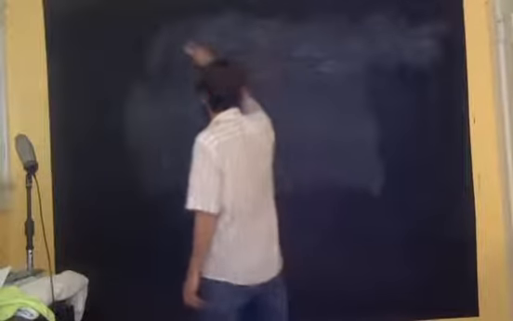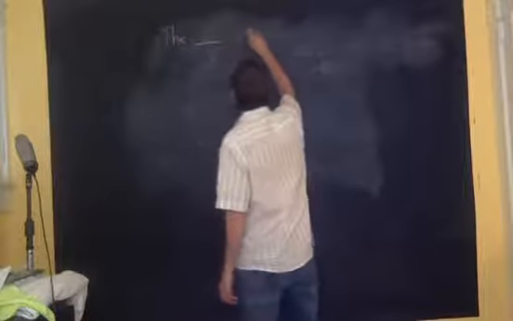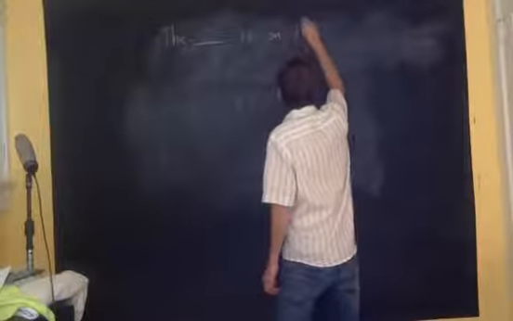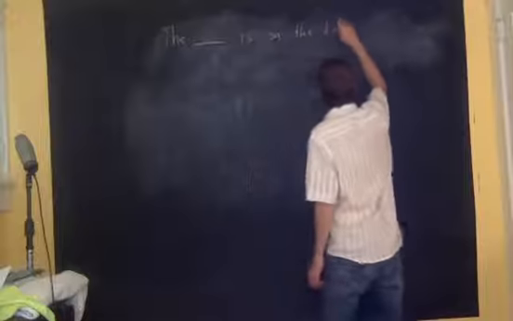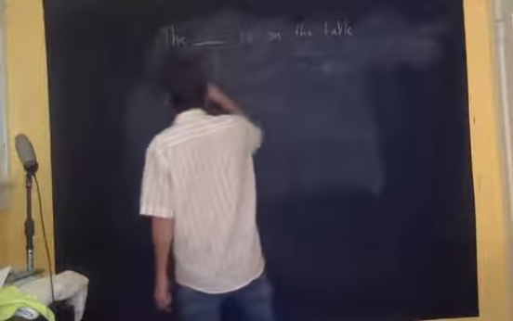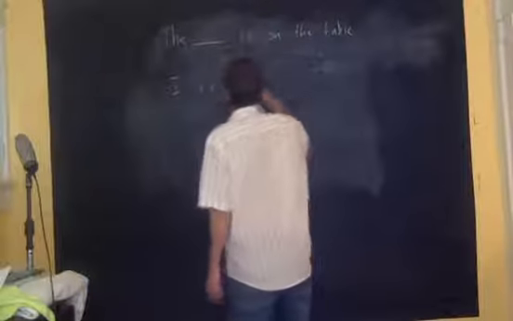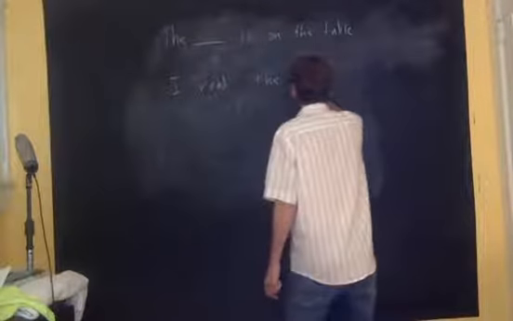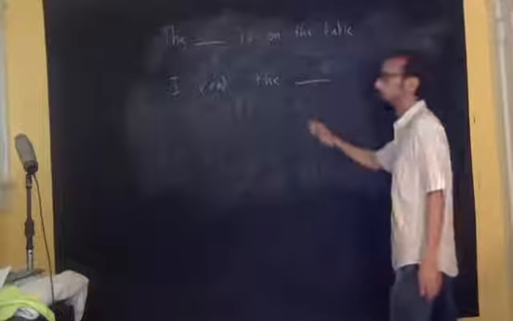So in English, if I want to say that a certain noun is on the table, this word's going to have a form, and if I want to say I read a certain noun, we're going to put the noun in there.